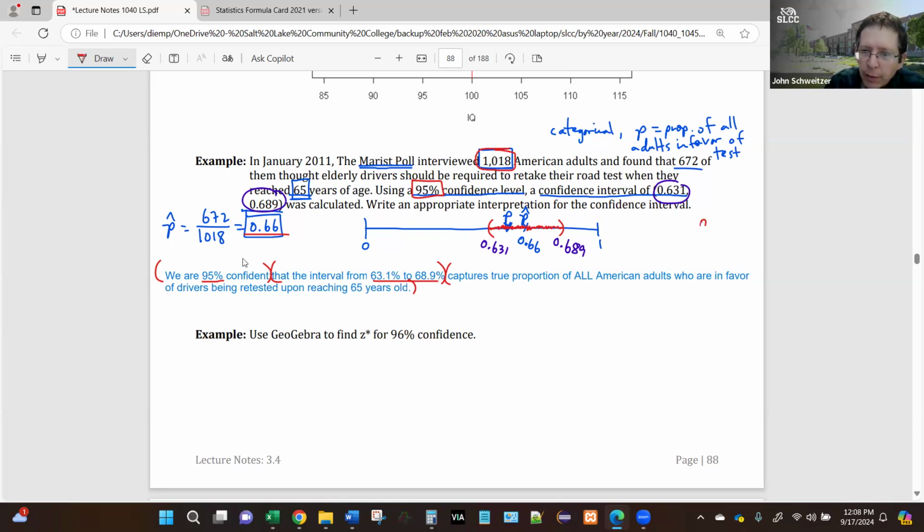What does 95% remind you of? If you're 95% confident, then you're 5% unconfident, or there's a 5% lack of confidence, right? Does alpha equals 0.05 ring a bell? It's a very similar idea, right? Alpha equals 0.05 is the probability of a type 1 error, of your hypothesis test being wrong.